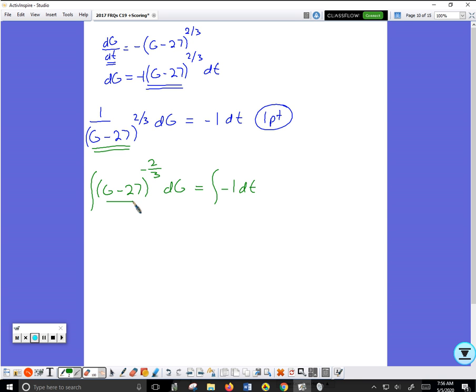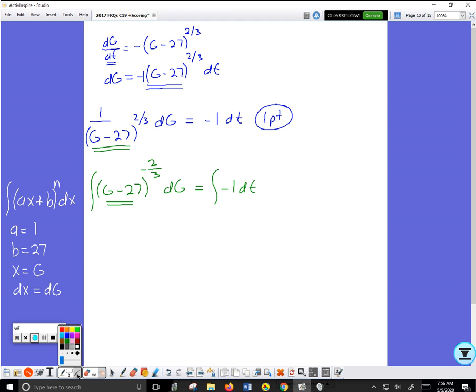This is going to require the expanded power rule, which looks like this. Antiderivative of (AX plus B) to the n dx. So my A in this case is simply 1. The B is -27. The X is the G. And the dx is the dG.